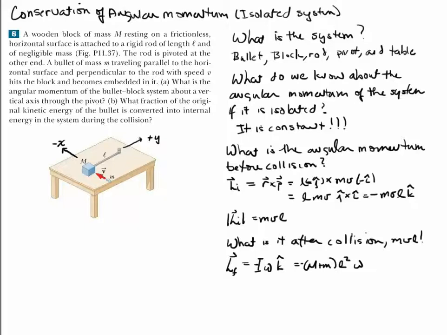And we can know what the moment of inertia of this particle is, we're going to treat it as a particle, distance L from the pivot with mass M plus little m. So it's M plus little m quantity times L squared times the angular velocity.